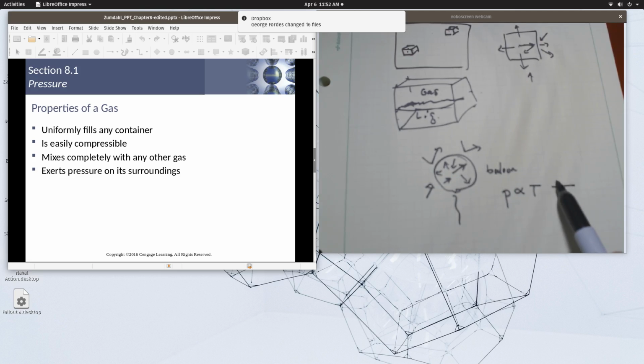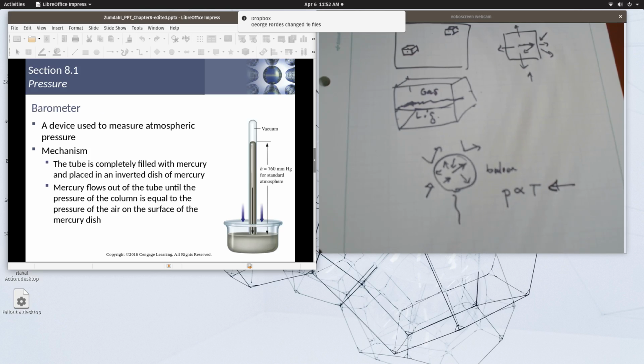So our first gas law that we can empirically define is that pressure is proportional to the temperature. Okay, that's our first simple gas law.